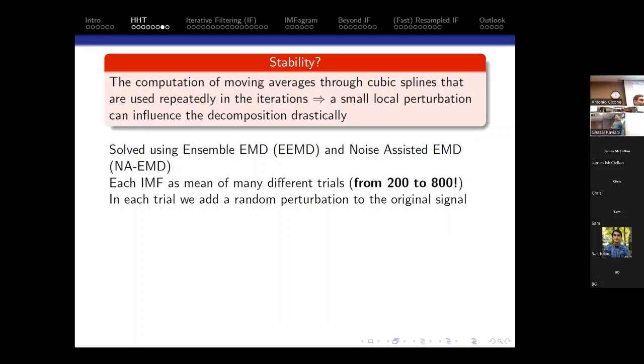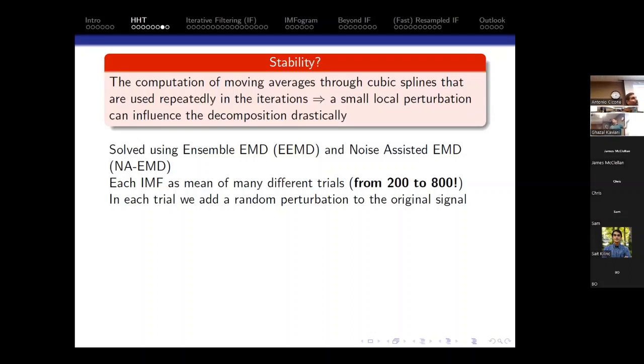It works. It does stabilize the problem, but there are two issues. First of all, you have to have a big number of perturbations to make sure that the injected noise cancels, because those are random but independent realizations. To have a perfect cancellation, you have to have hundreds of them. The second small issue is that it is really, really slow. Empirical mode decomposition was fairly fast, but this is extremely slow.